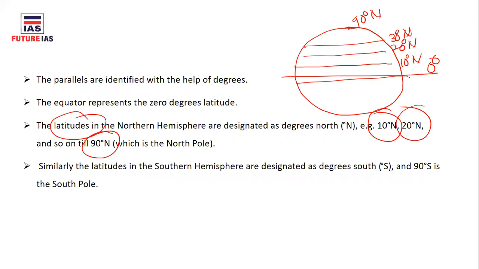Similarly, 10 degree south, 20 degree south, up to 90 degree south. So they are called the parallels of latitude, which divide the earth into different zones, all right. And this is how we can divide the earth.